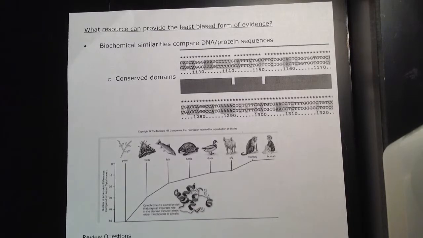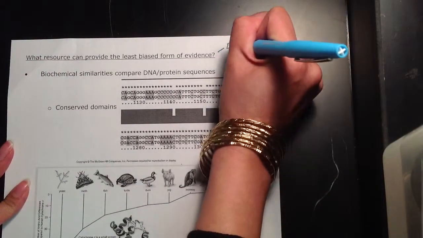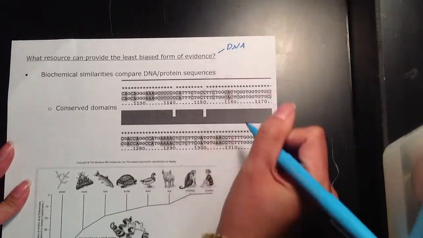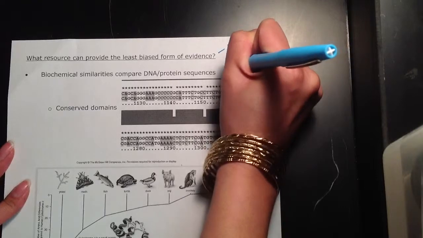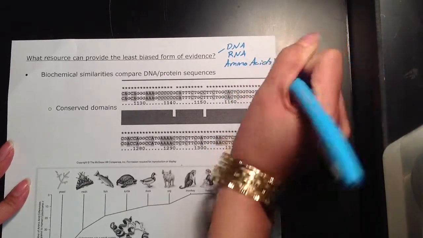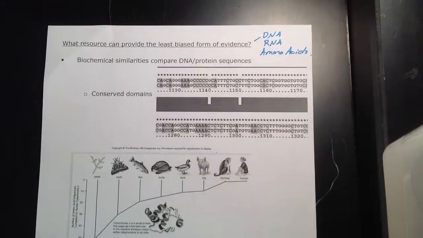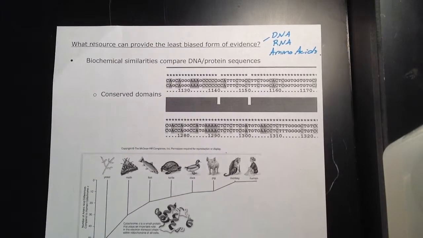So what resource can provide the least biased form of evidence? That's going to be our biochemical evidence, which is going to be our DNA, RNA, and amino acid sequences. These are the least biased. You're not just looking at different images or different structures, but you're getting hardcore data here.